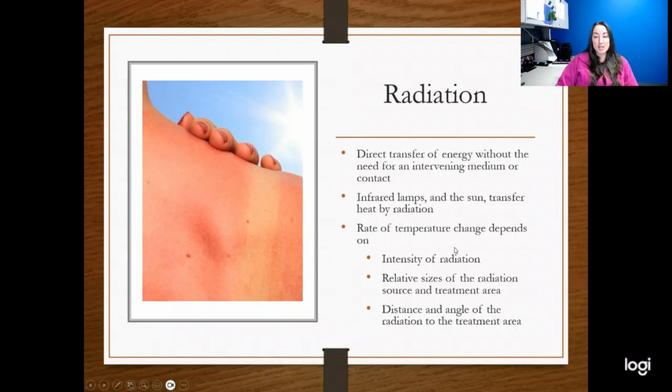Rate of temperature change depends on the intensity of the radiation, the relative size of the radiation source and treatment area, and the distance and angle of the radiation to the treatment area. So if you have a really big bonfire, it's going to put off a lot more heat than a really small fire. If you're standing closer to the fire, you're going to feel a lot more heat than if you're standing far away, and things like that. So that is radiation as a mode of transferring heat.